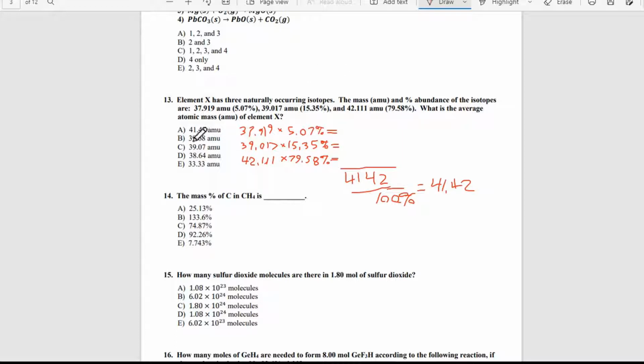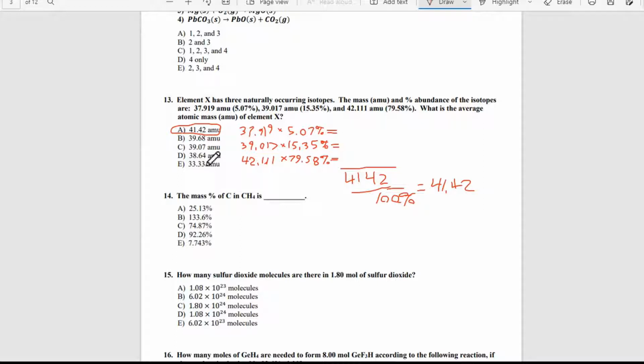If you look at the next one, it's like 39.68, 39.07. No, it's definitely going to be a lot closer to the 42. So 41 is the only one that really makes sense in that context. But if she was trickier and gave you ones that were like 25, 36, something like that, then you might have to just calculate it because it wouldn't be certain.